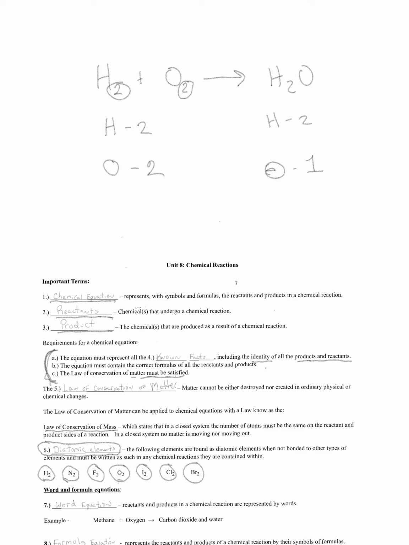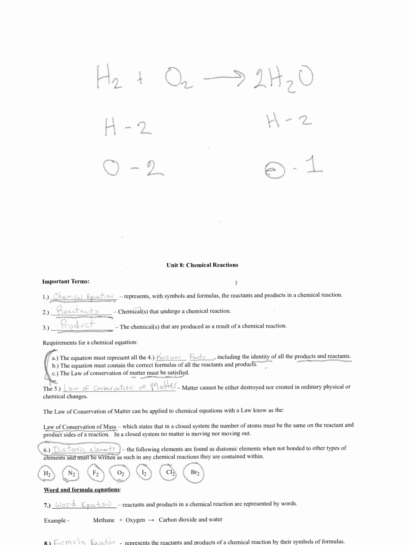But what I can do is put a coefficient. So when we do that, we're going to put a number in front of the element. I need 2 oxygens on the product side, so what I can do is put a 2 in front of the water.